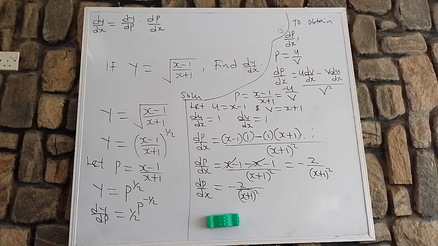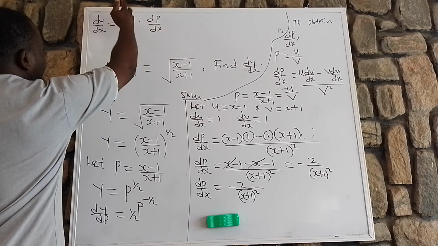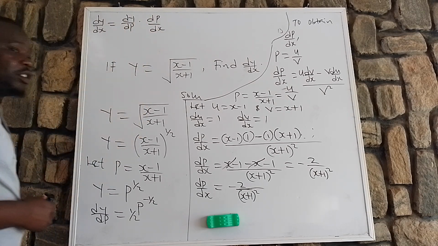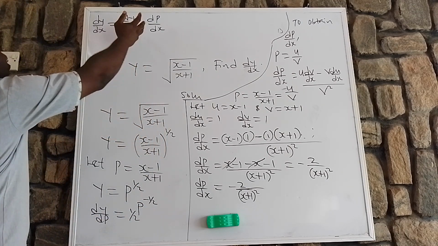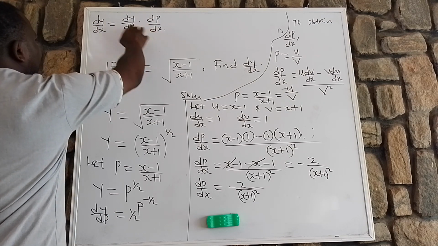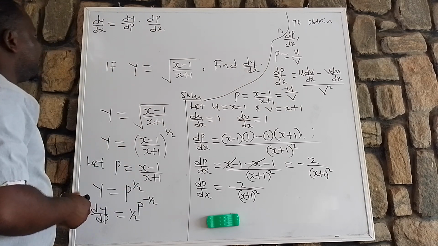Is that clear? One may ask, why not dp over dx before dy over dp? You know, multiplication is commutative. So whichever way, if you want to first write dp over dx and then multiply by dy over dp, you are right. Don't be confused.